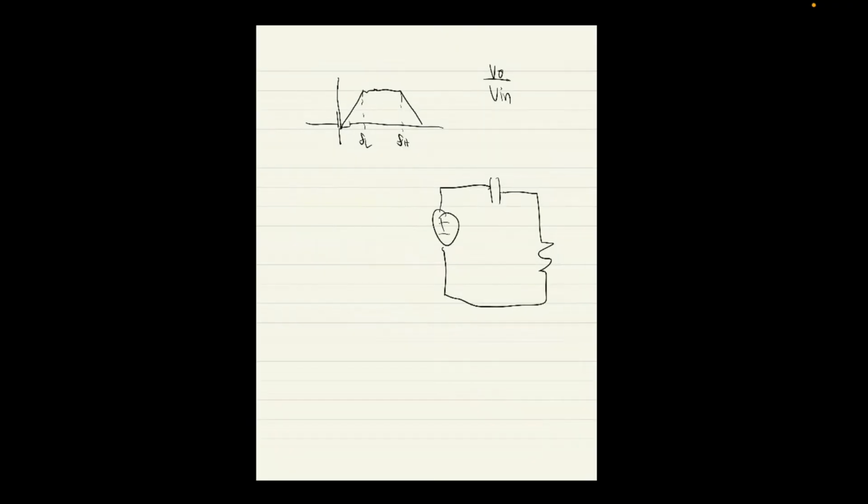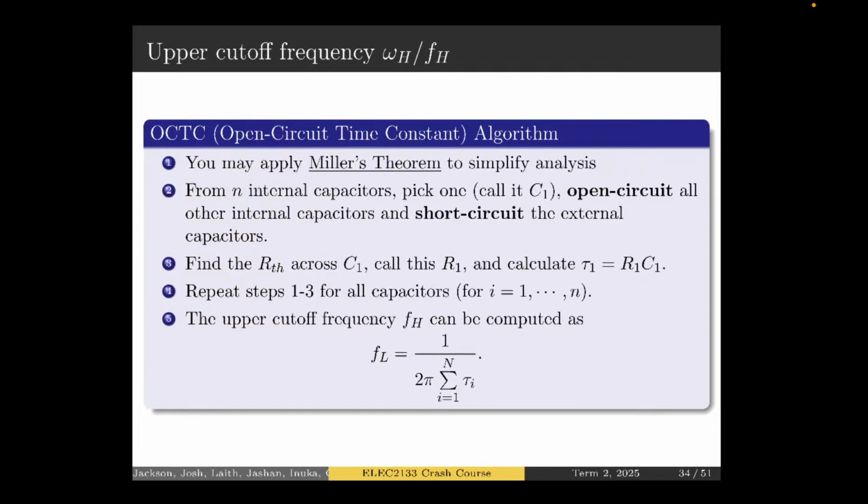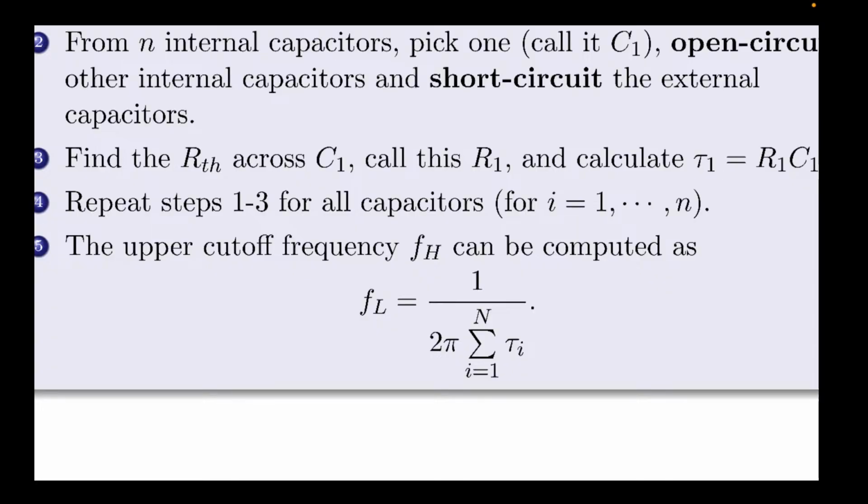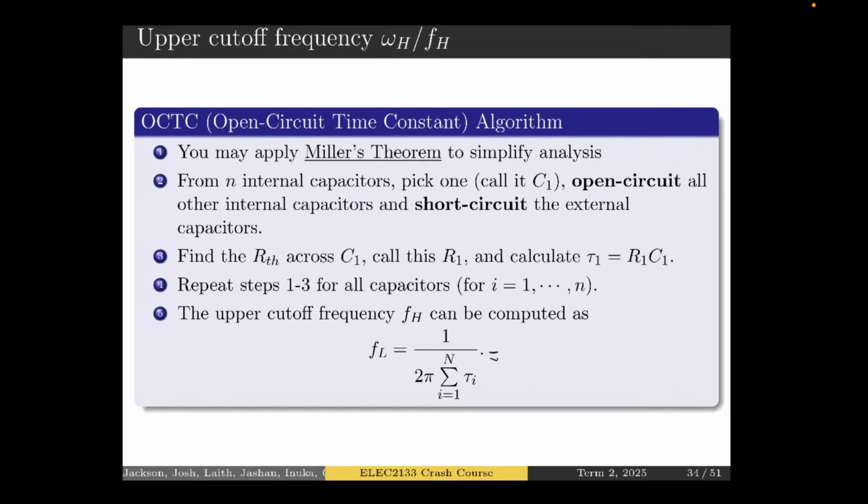Well, if I showed you the equation for this, we know that, did I write F? This is not supposed to be FL, it's supposed to be FH. For FH, our equation is like this: 1 on R1C1 plus R2C2, R3C3, whatever. Now, this might look like some sort of equation, right?